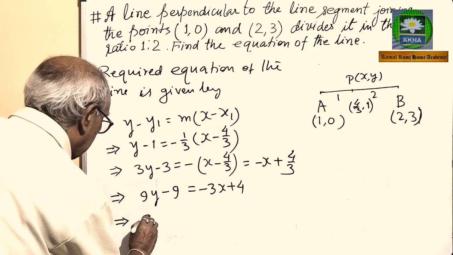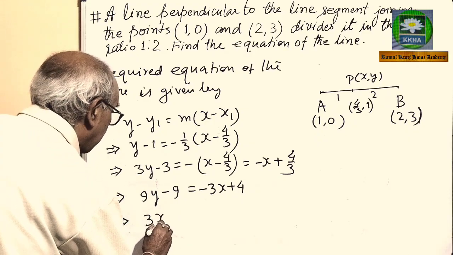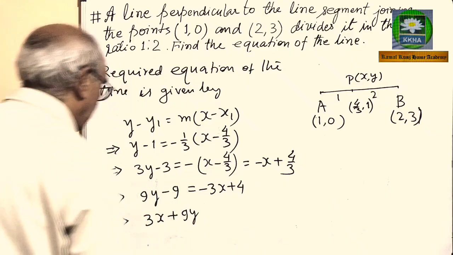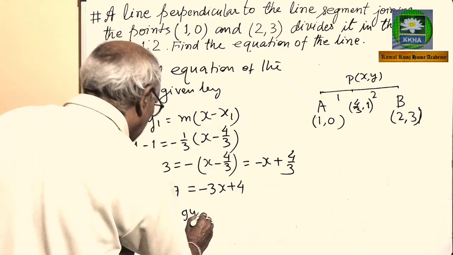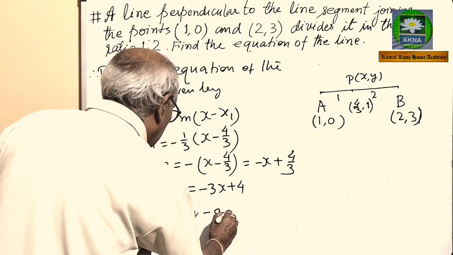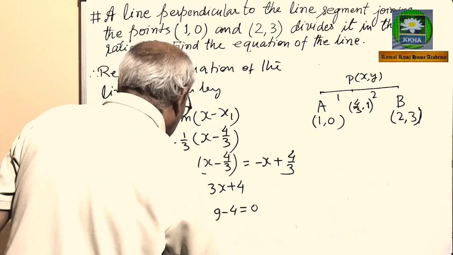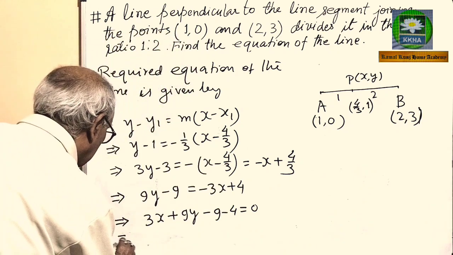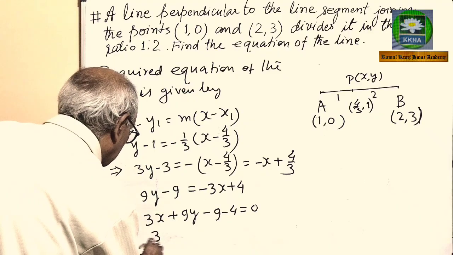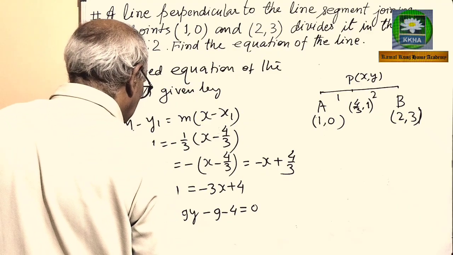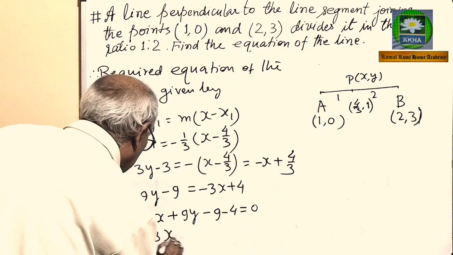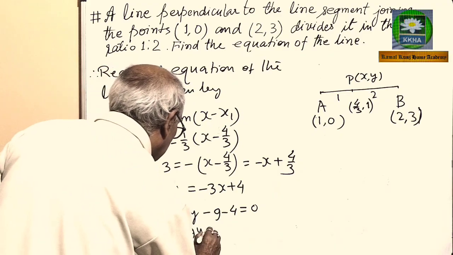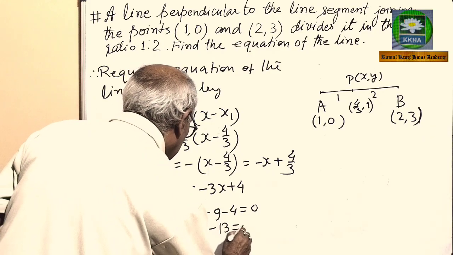This implies that 3x plus 9y minus 9 minus 4 equal to 0. This implies that 3x plus 9y minus 13 equal to 0.